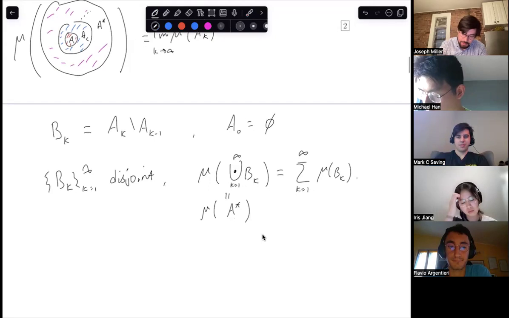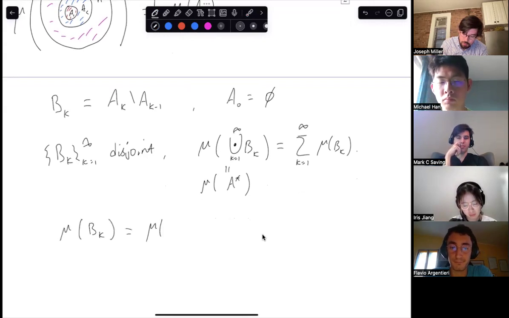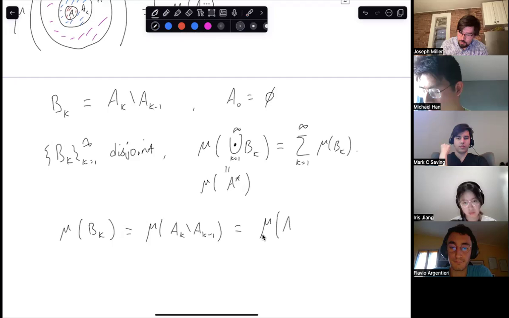Okay, let's try that. So just to check, mu of BK is mu of AK minus AK minus 1. It's going to be mu of AK minus mu of AK minus 1.